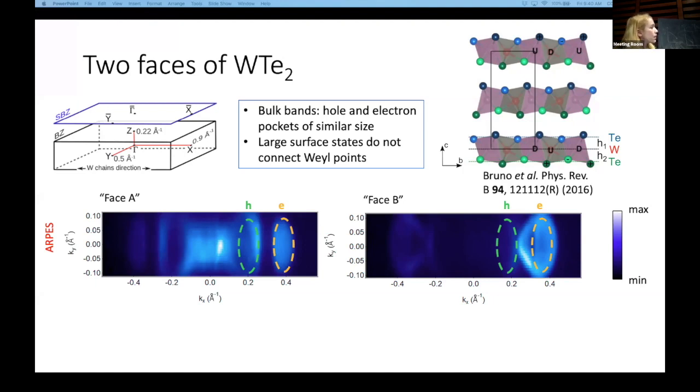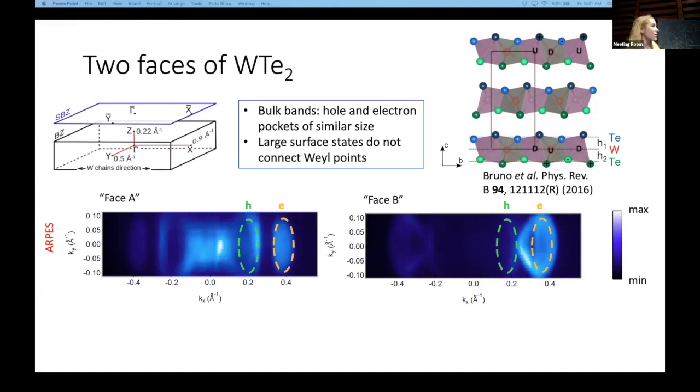This V-shaped feature has been observed by every ARPES group that measured these materials, and it has been shown to be a surface-like band. With photon energy, it does not disperse, indicating that it's two-dimensional. Because it is two-dimensional and it looks sort of arch-like, it was sometimes incorrectly attributed to the Fermi arcs connecting Weyl points.